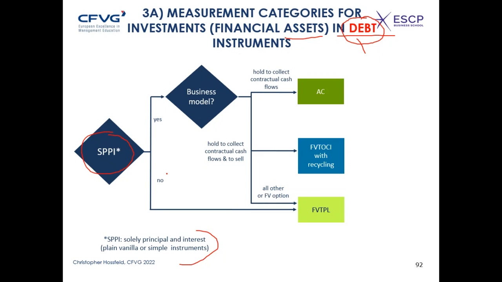And since that's the case, for any debt instrument that is not SPPI, I use as a valuation method fair value through profit and loss. This decision is driven by the fact that the bond includes a derivative financial instrument, and derivatives are always measured at fair value through profit and loss. So anything that is not SPPI, we will go for debt instruments that will go in fair value through profit and loss.